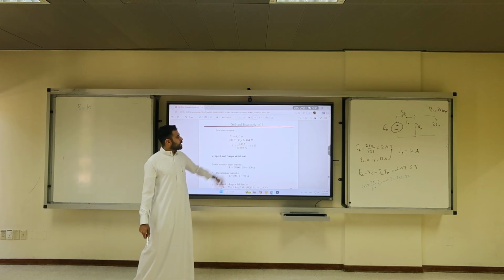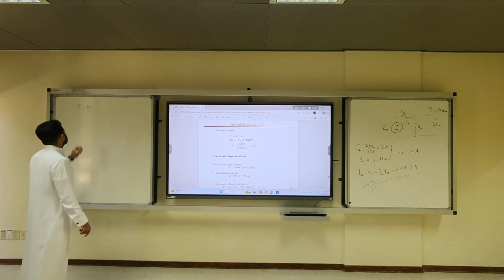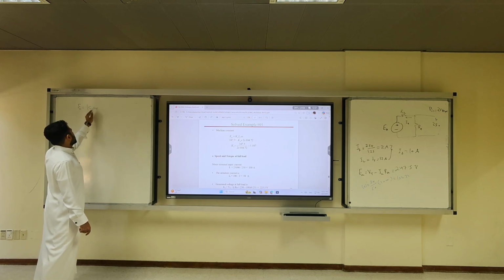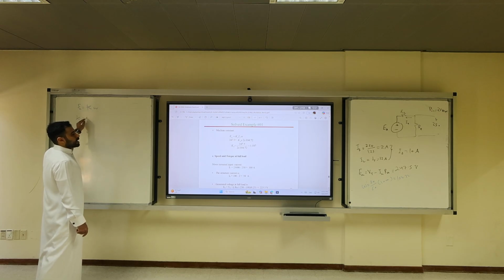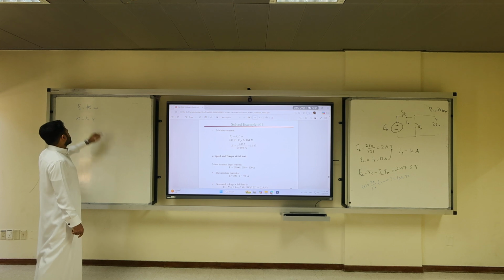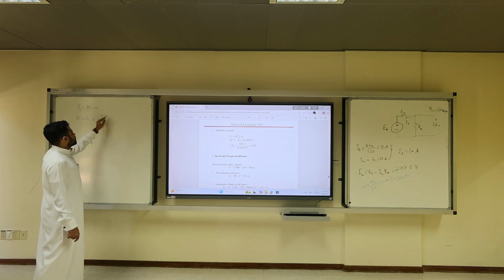So Ka times If is the constant K times omega, I think it was called K, big capital K. So K equals Ka times If, which is equal to Ea 247.5 over 104.72. What is this constant?